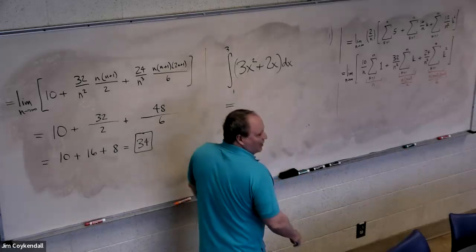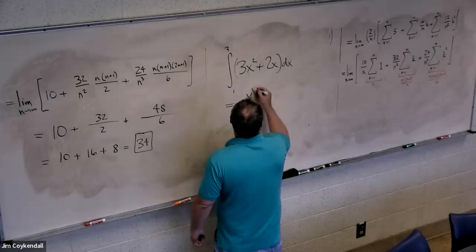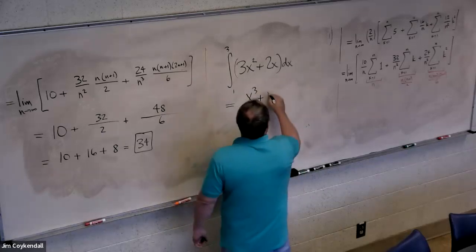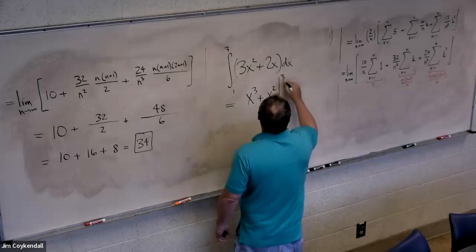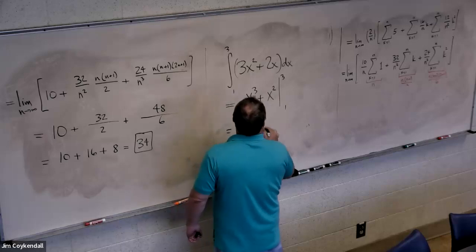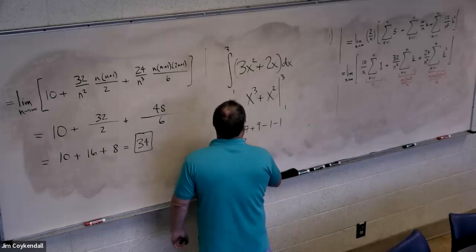What's your favorite antiderivative of that 3x squared? What's your favorite antiderivative of 2x? So that's going to be 27 plus 9 minus 1 minus 1, which is 34.